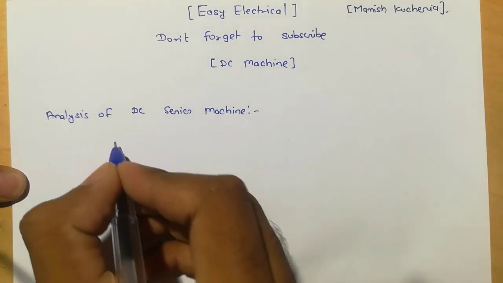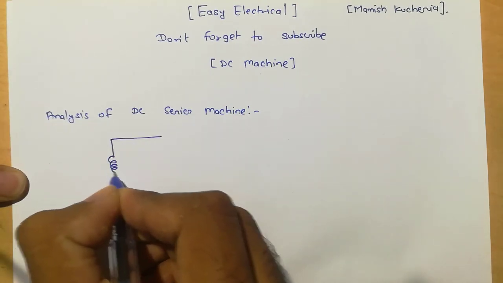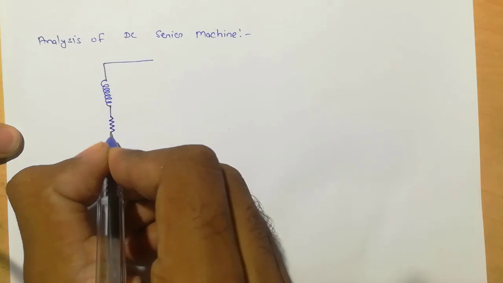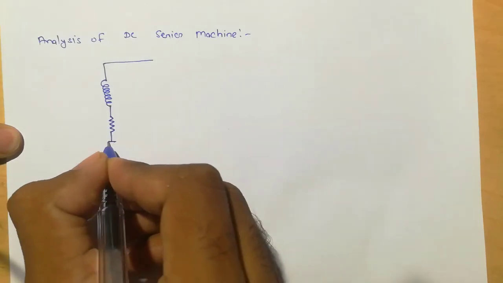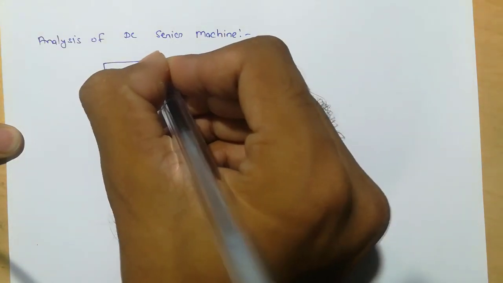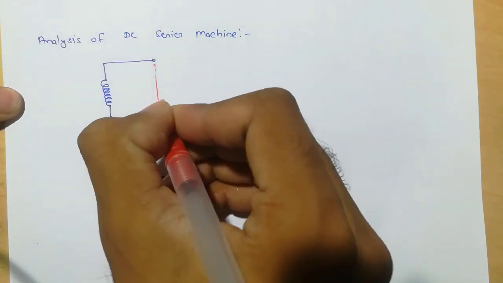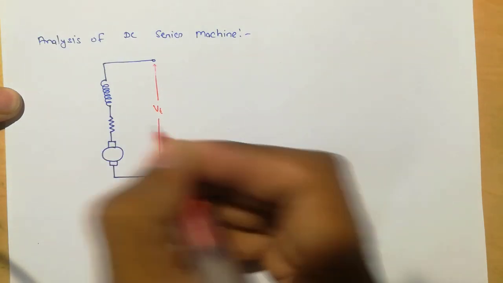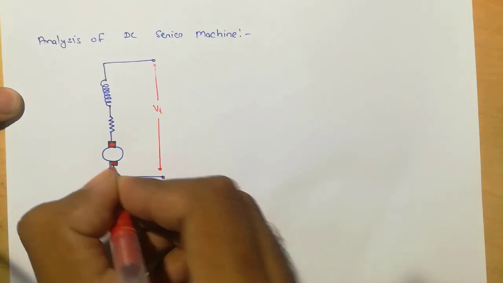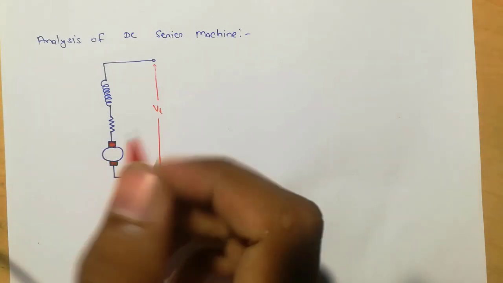For the equivalent diagram, we have a field winding like this, which is in series with the armature resistance and armature, and here we get a terminal voltage Vt. This is the brush contact, by which we insert the supply in the case of motor and extract the supply in the case of generator.